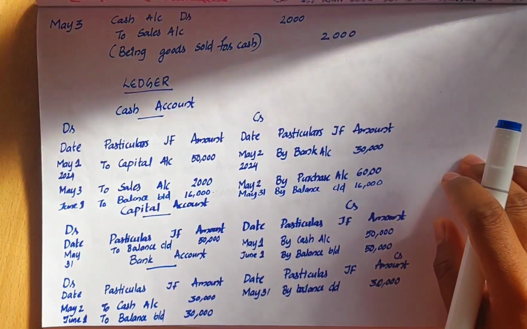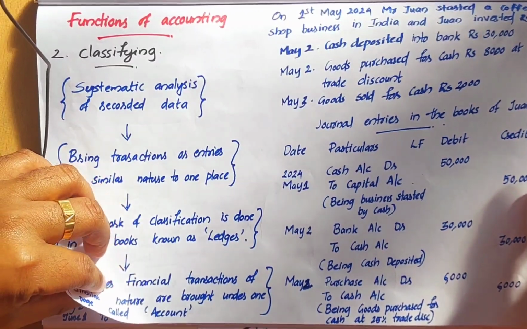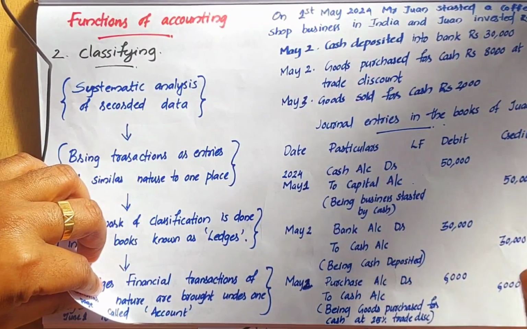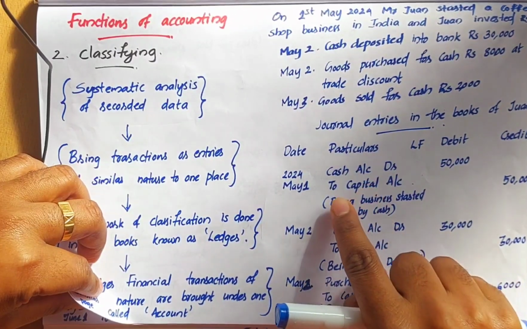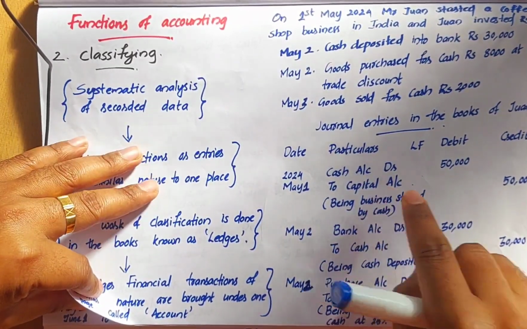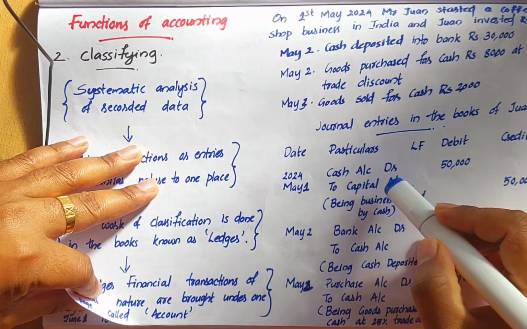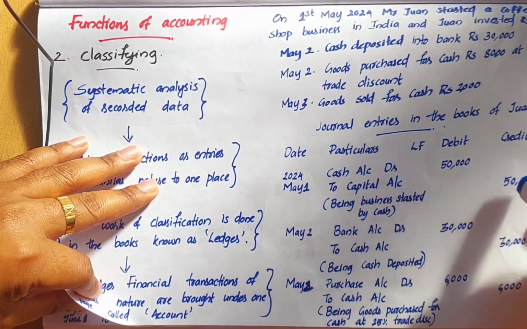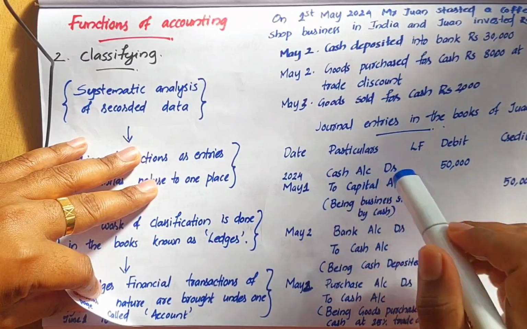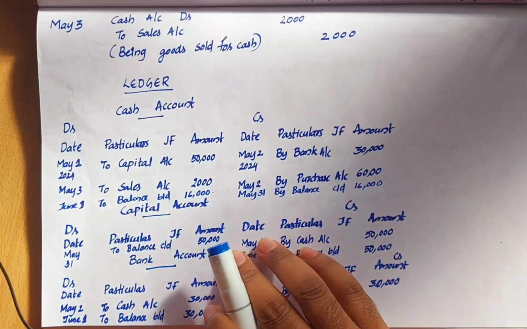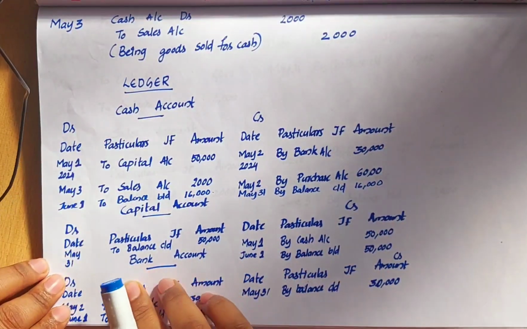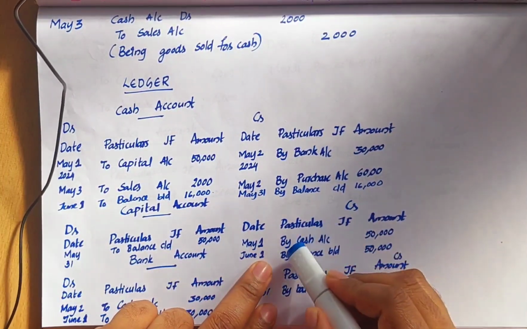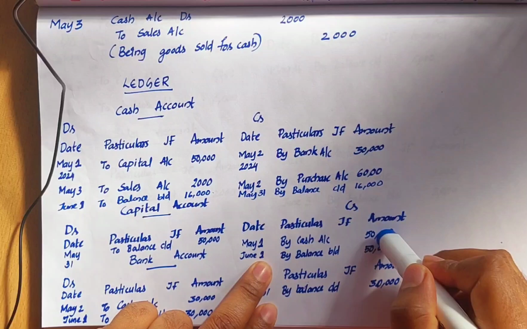Okay, so we are not having only one account, we have multiple accounts involved in these transactions. Cash account we have already prepared. Now we are going to the capital account. The capital involved transaction is only one. Cash account debited to capital account, here we are crediting, so we need to go to the credit side of the capital account and write by cash account 50,000.